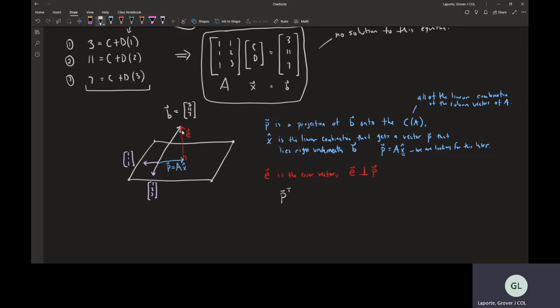It doesn't matter which one we do. So we do know that.